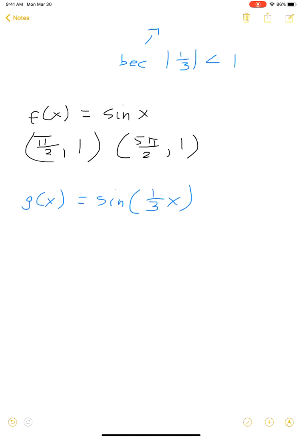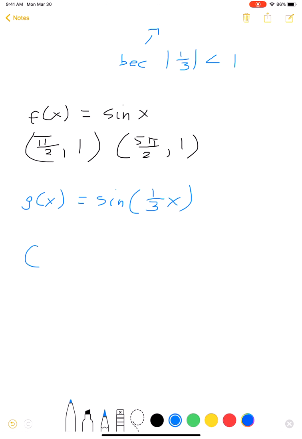So to get the new points, what's going to happen, you take the original x, which is pi over 2, and we have a stretch, so now you need to multiply that by 3, because the coefficient right here was 1/3.